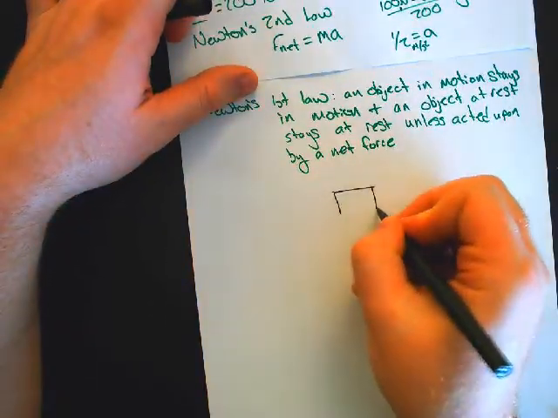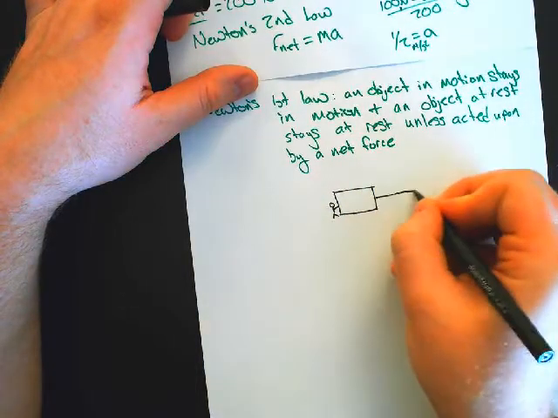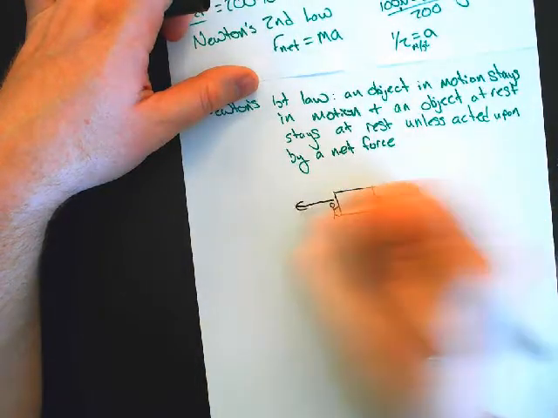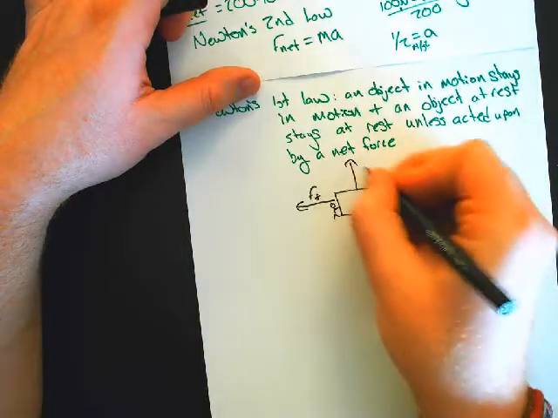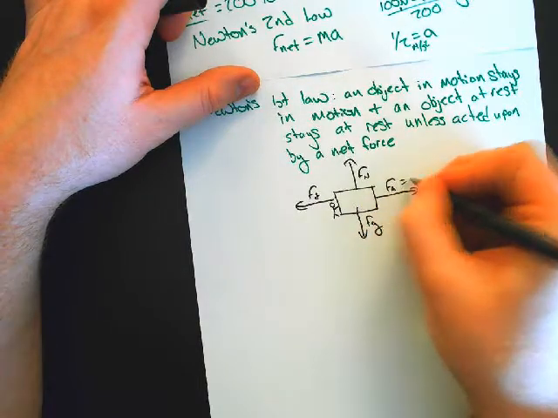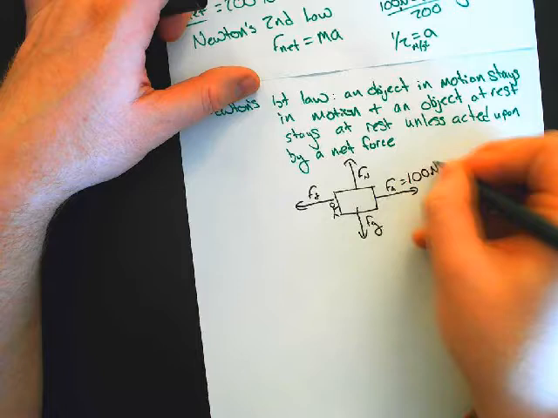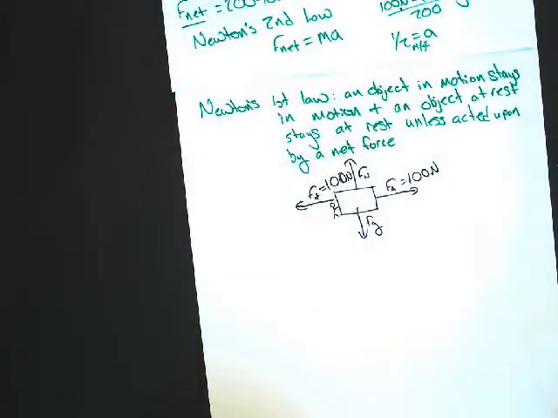Still got our box, still have it here, pushing the box. FA, FF, FN, FG. But now the applied force is 100 newtons. Applied force is still 100 newtons. This is our net force. 0.